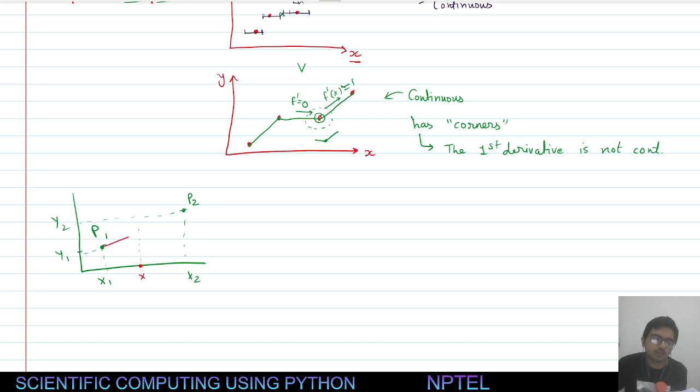We know that we want a straight line, so y should be somewhere here geometrically. If y is higher than this, what happens is that this slope is greater than this slope. And if y is smaller, then this is a smaller slope.